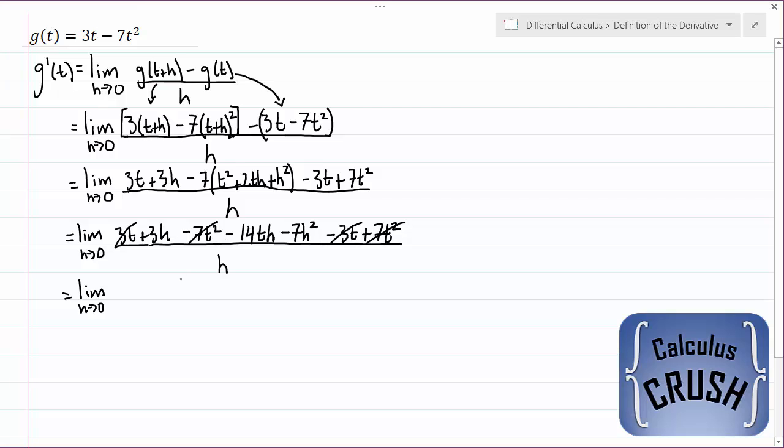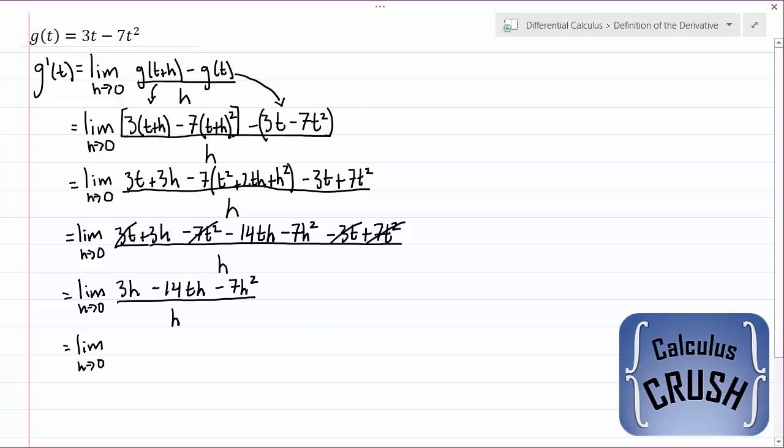That's all we can cancel out. So let's write the remainder we've got 3h minus 14th minus 7h squared. All of this is divided by h. Equals the limit as h goes to 0.